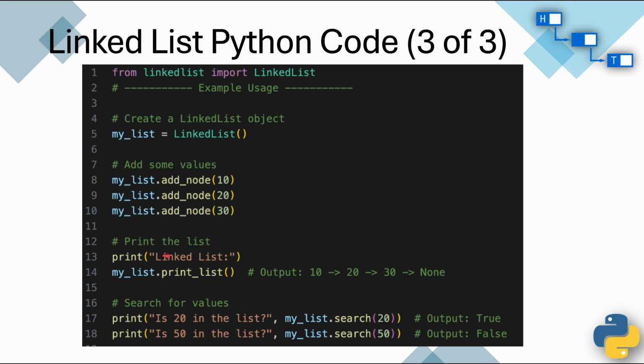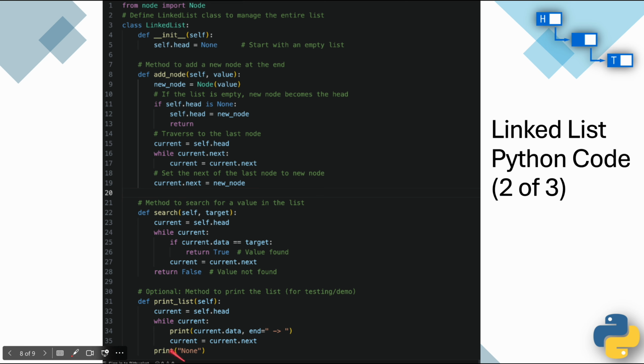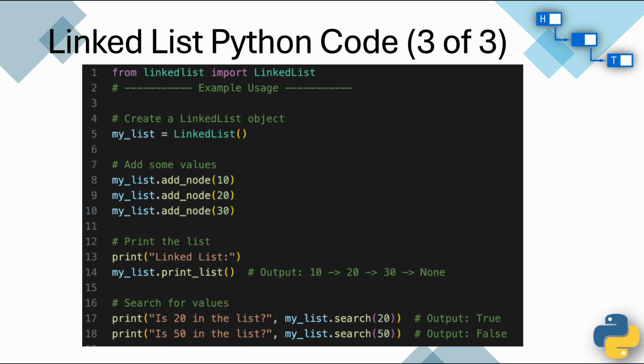So now print the linked list. How do you print my list dot print list? We have written the code here, right? It is traversing one next at a time, and current is equal to current dot next is the primary trick here. While current, each time I am printing current dot data. Okay, so that's it.